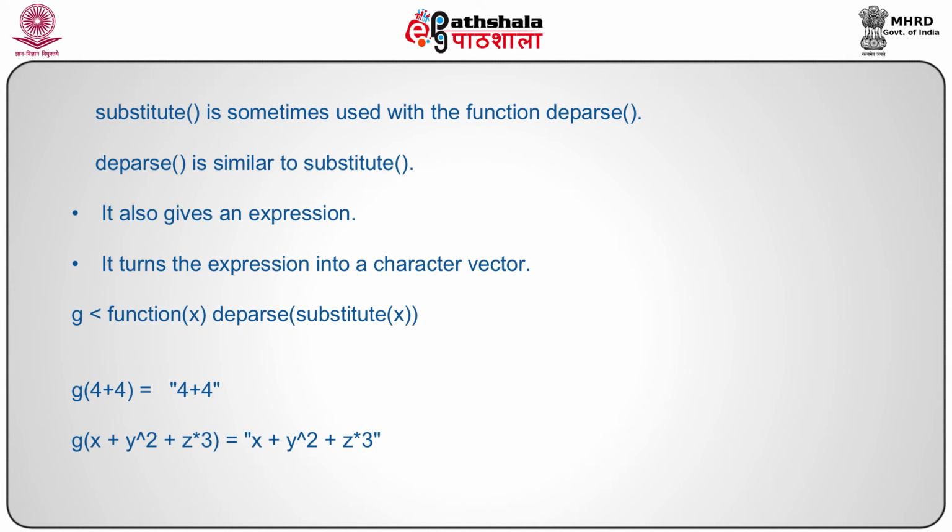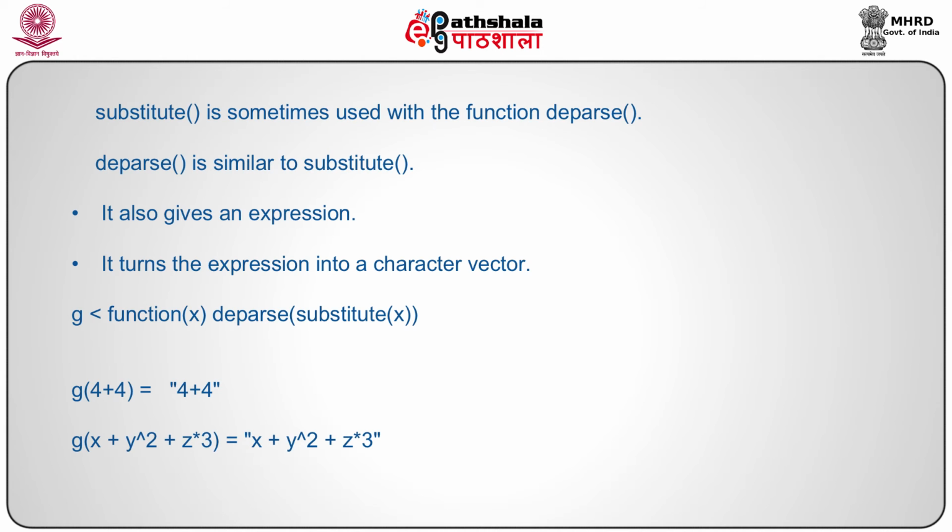If we type g of 4 plus 4, then it will return us 4 plus 4. Again, by writing g of x plus y square plus 3 into z, we are exactly giving what we have given here. That is the expression x plus y square plus 3 into z. So the expression is similar to that of substitute.